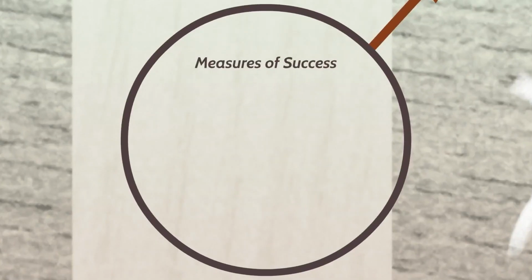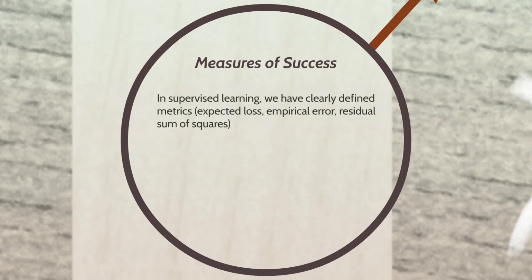All right, so we mentioned the measures of success in unsupervised learning. In unsupervised learning, we don't really have a clear measure of success. It's very subjective. In the supervised learning videos, we talked about clearly defined metrics such as expected loss, empirical error. We mentioned the residual sum of squares. These things can all be used to lead our model in the right direction and teach it what we want it to learn.